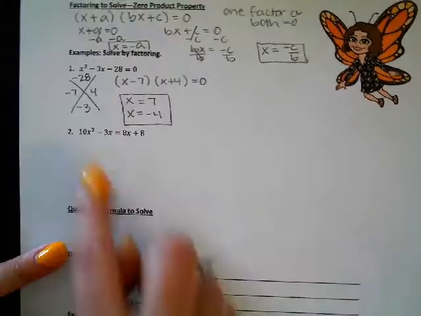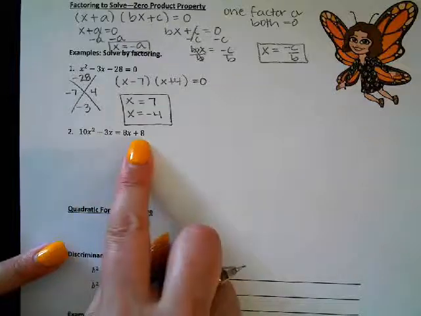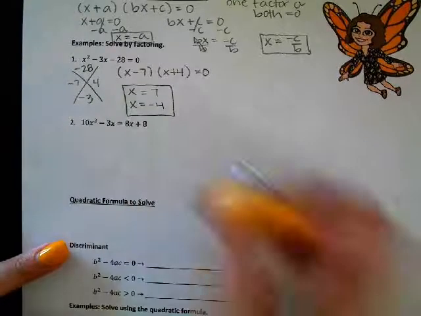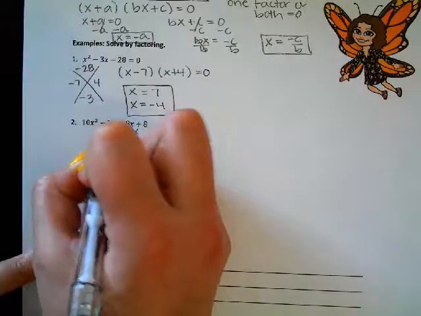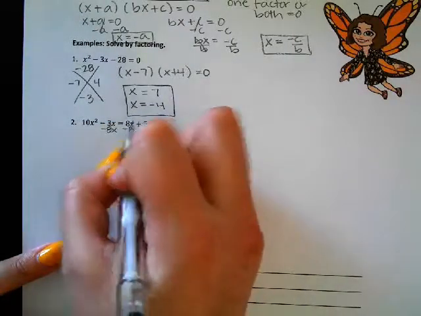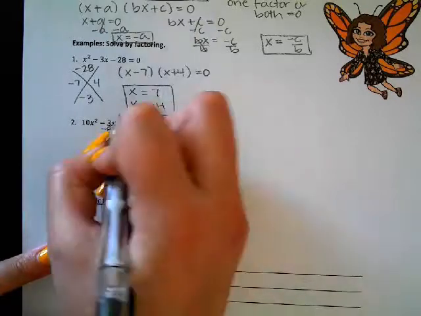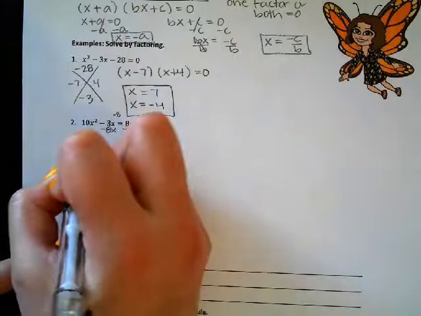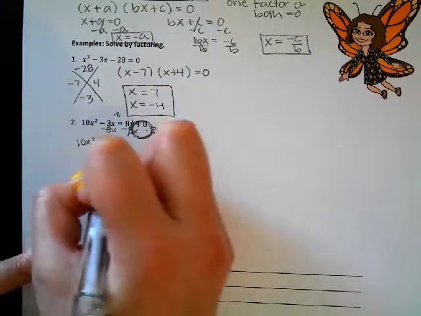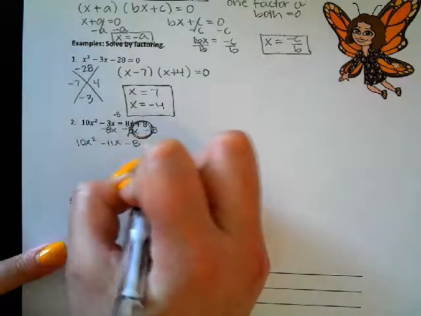All right, next problem. This one does not equal 0 yet, which means that's where we have to start. So I'm going to go ahead and get everything over to the left side of the equation. So that's 0 now. So we got 10x squared minus 11x minus 8 equals 0.